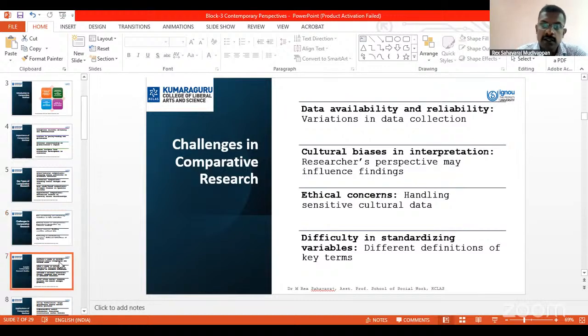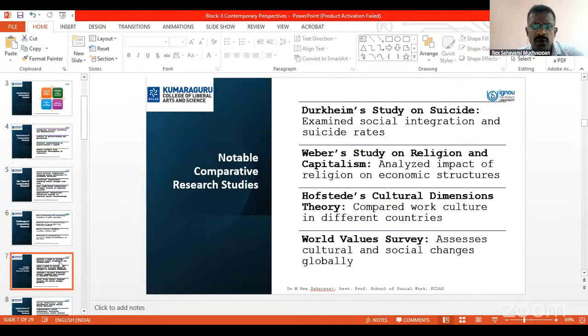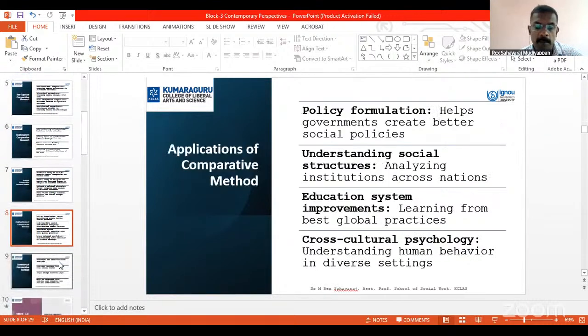We also learned notable comparative research studies in social sciences, done by Emile Durkheim and Weber, and various other comparative studies.